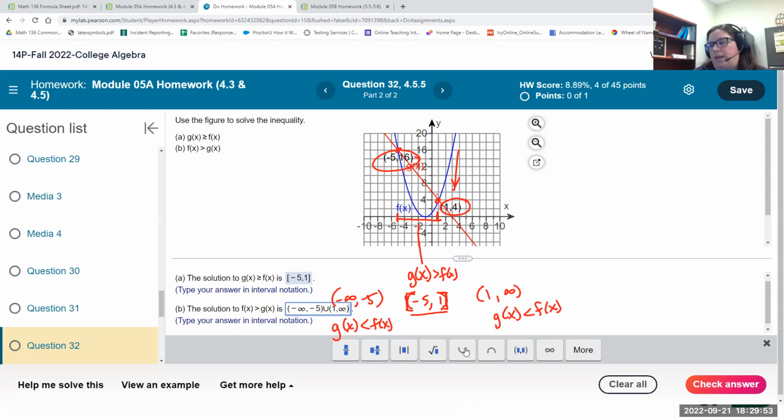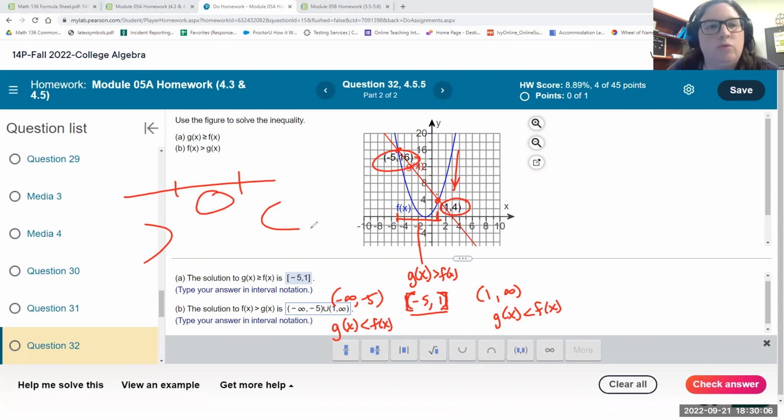For all of these quadratic inequalities, for the whole section 4.5, you're typically going to have a few possibilities. You'll have 3 intervals, and you'll either have the middle interval or the 2 outside rays.